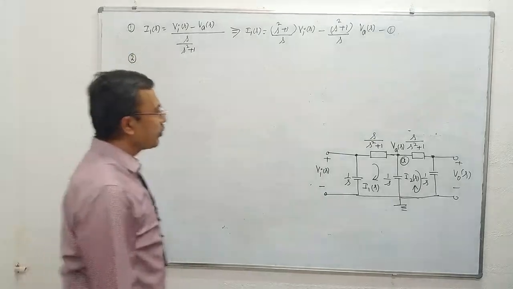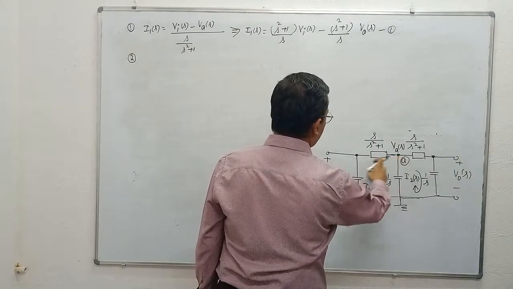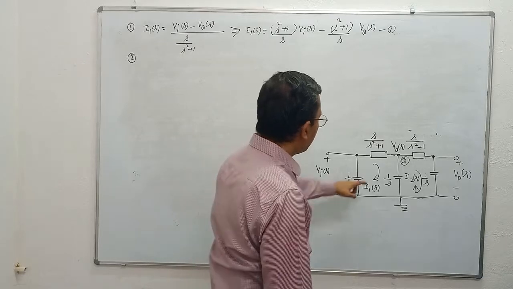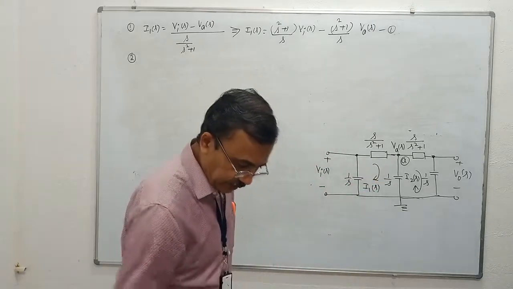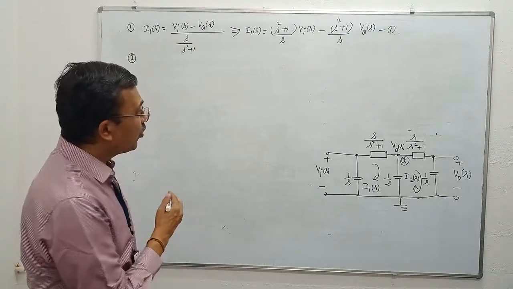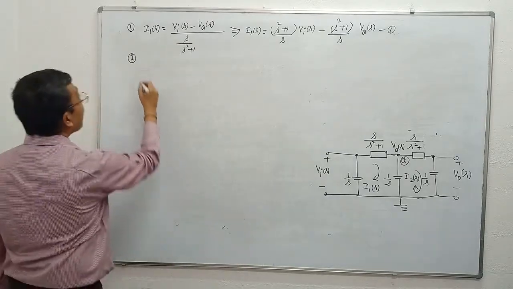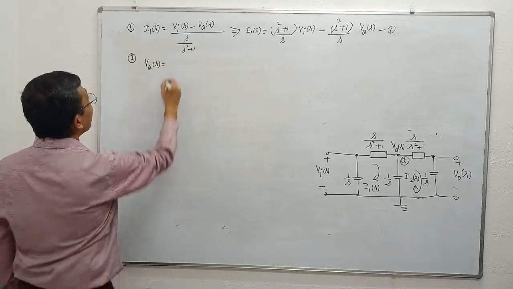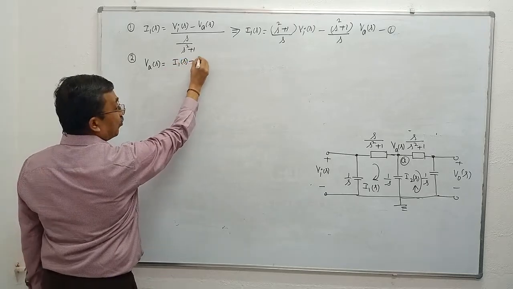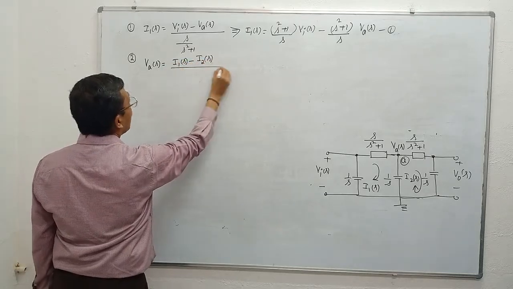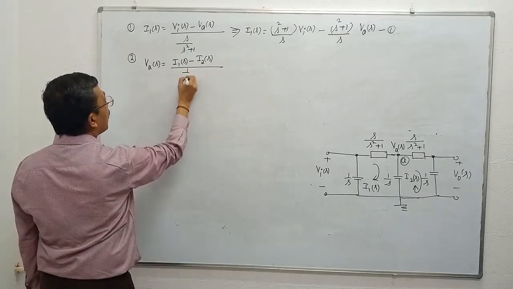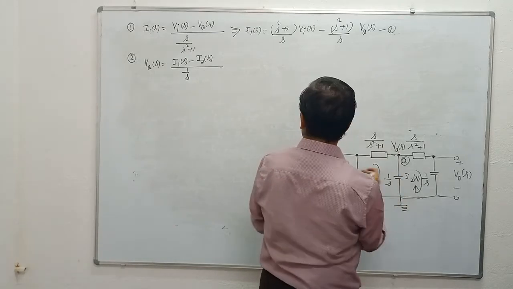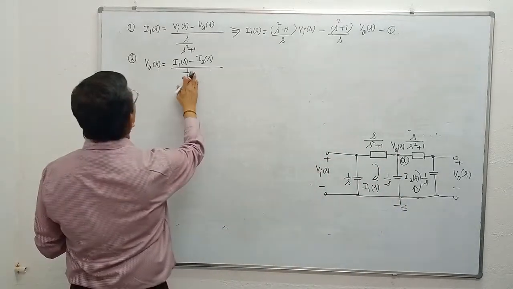Second step. I1 of S is over. Next let us find what is VA of S. VA of S is equal to I1 of S minus I2 of S, the current in this branch, multiplied by the impedance.